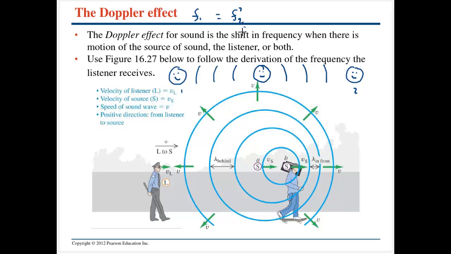Now, however, suppose I have this source and it's moving in that direction. Essentially, it's putting out these pressure waves, but it's also walking towards these pressure waves, and they're going to end up being closer together because he's essentially playing catch up to his own pressure waves. So the pressure waves are going to be more densely packed in right here.